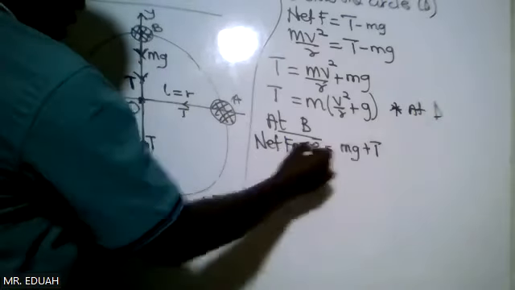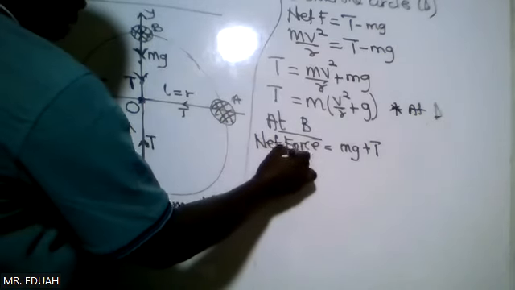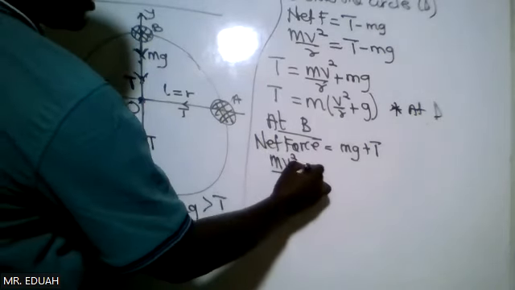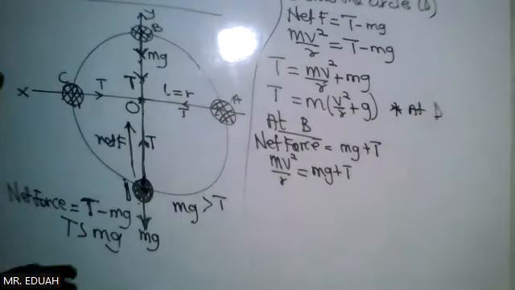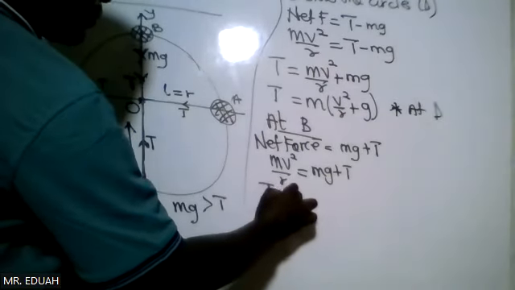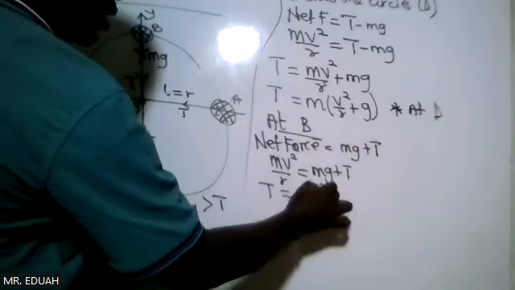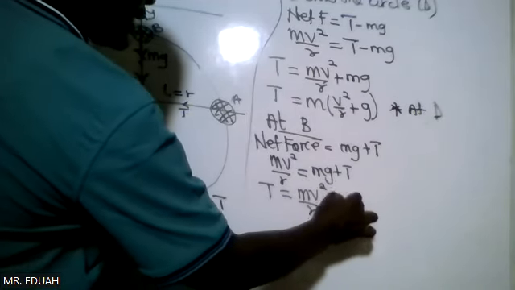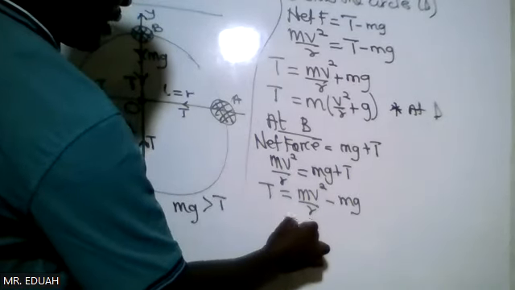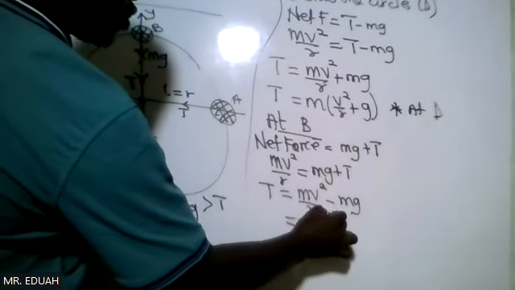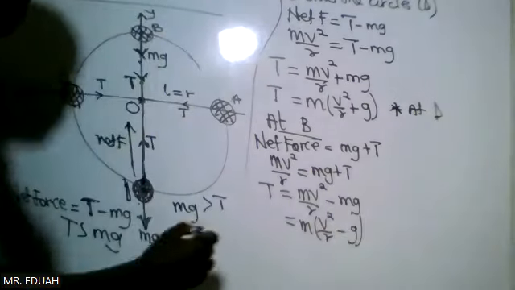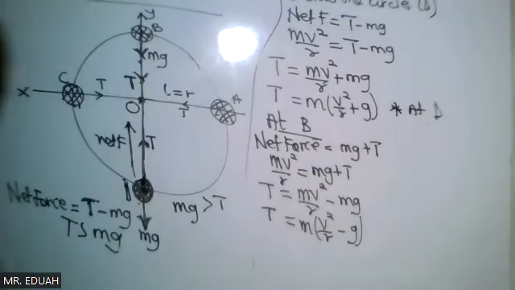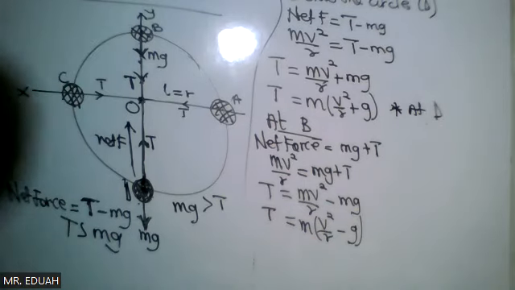And so we equate the net force to the centripetal force mv squared over R, which is mg plus T. When we make T the subject, we have T = mv squared over R minus mg. So T = m(v squared over R minus g). And this also gives us the expression for the tension in the string when the body is above the circle.